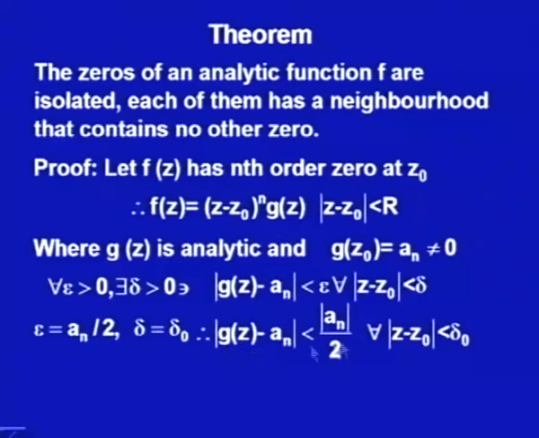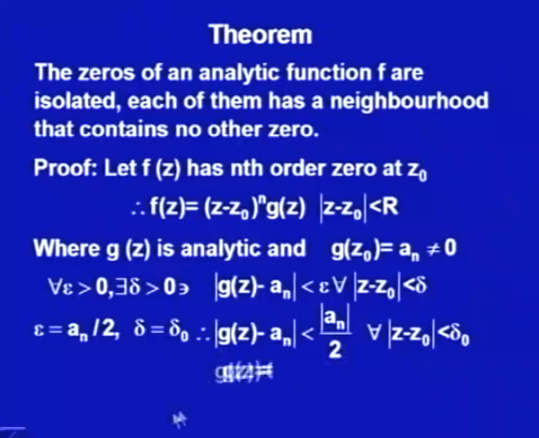Now what I want to say is that in this small neighborhood delta naught of z naught, G(z) will not be 0. Why? I am saying that there is no z in this small neighborhood such that G(z) is 0. If G(z) is 0, then what will happen?